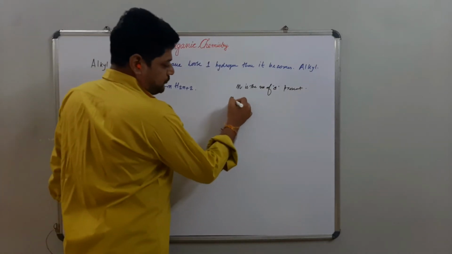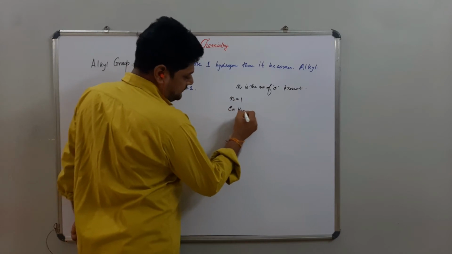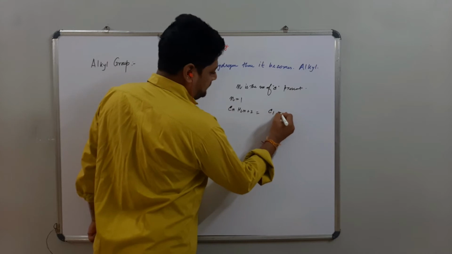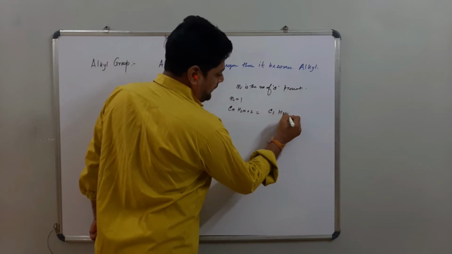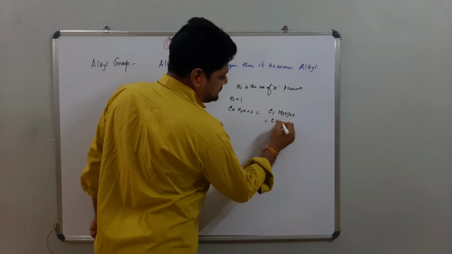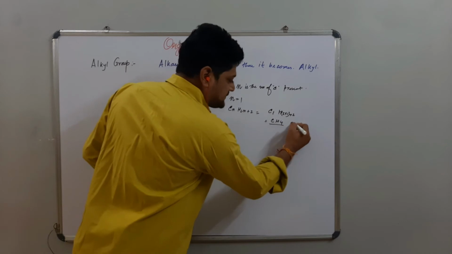If n is equal to 1, then putting it in CnH2n+2, it becomes C1H(2×1+2), that is CH4. So the very basic hydrocarbon is CH4, methane.